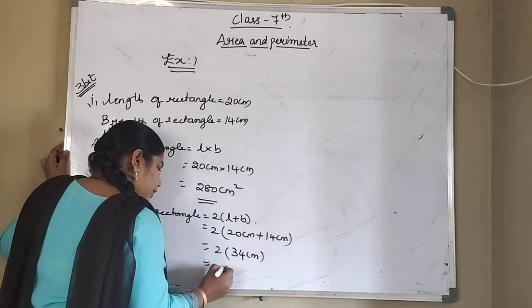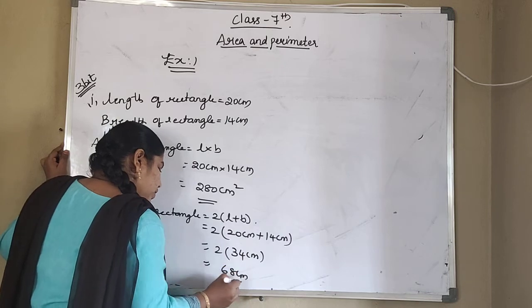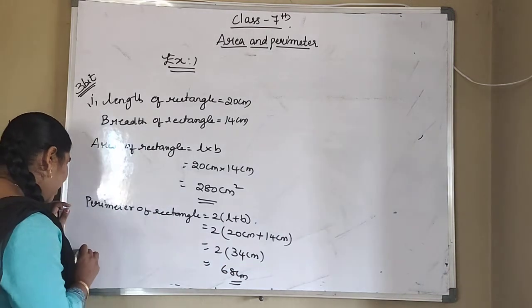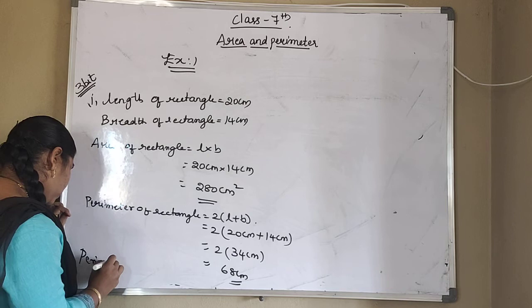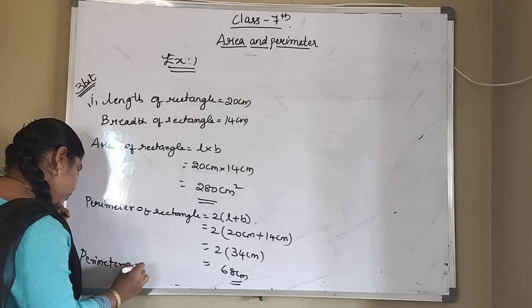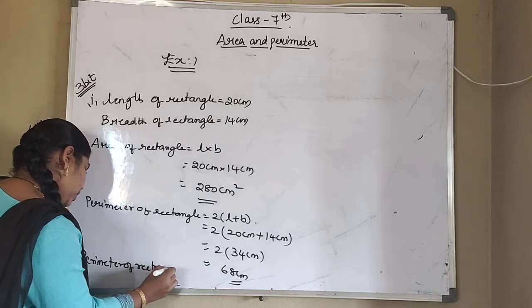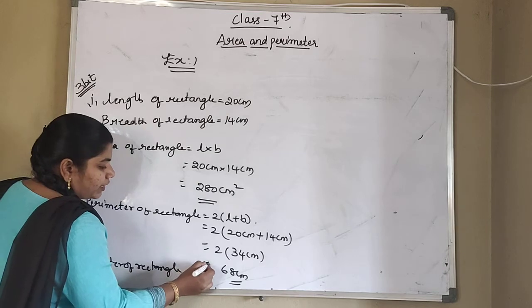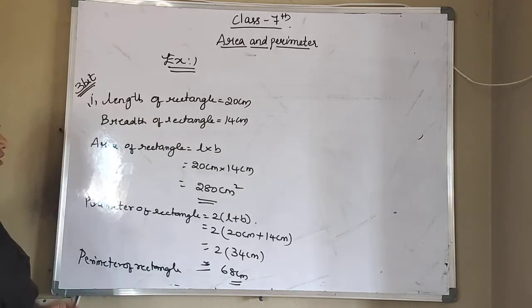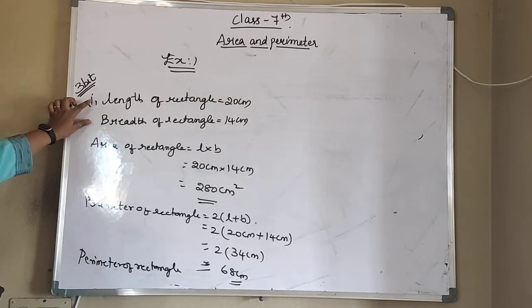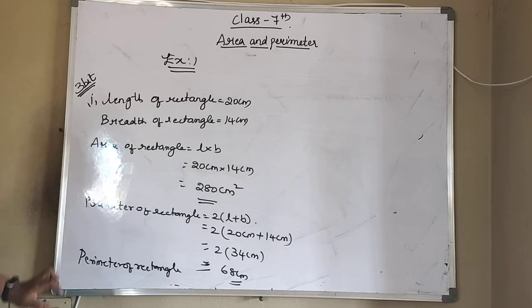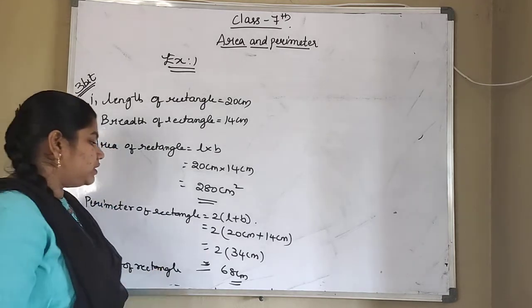So 2 into 34 will be 68 centimeters. So you got the perimeter of a rectangle as 68 centimeters. With the given information we have found the area and also the perimeter.